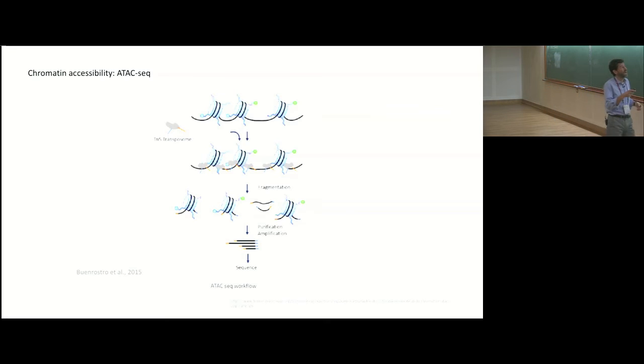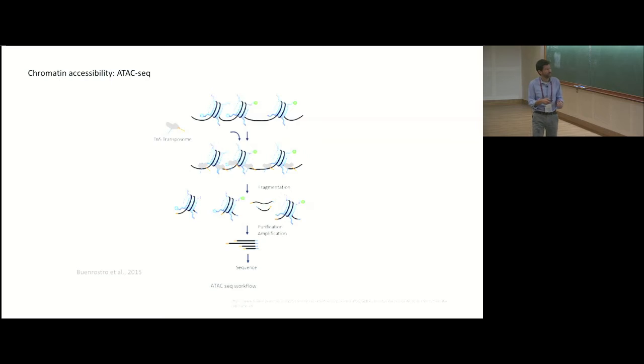If you add that to some sequencing tricks, you will mark with these little sequences those regions preferentially that are open in the genome, okay? So in one reaction, to chromatin, you add the Tn5 transposase, and that will mark immediately those regions that are open for business, like enhancers and some other regions.